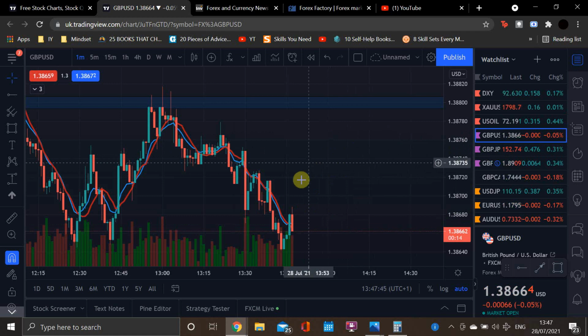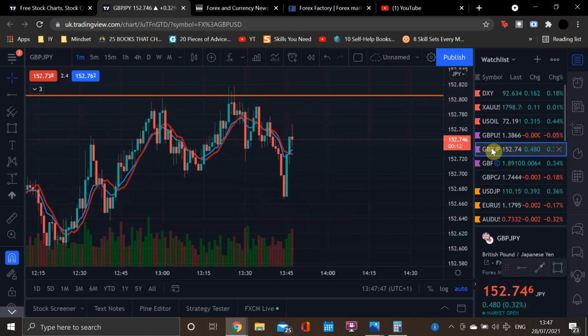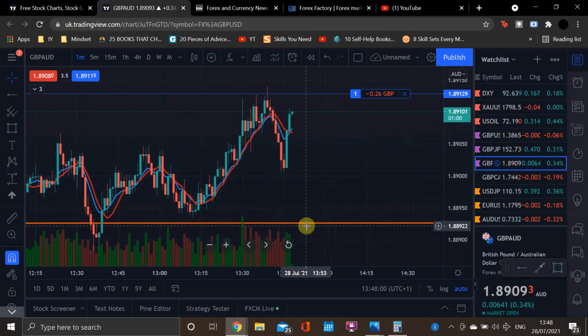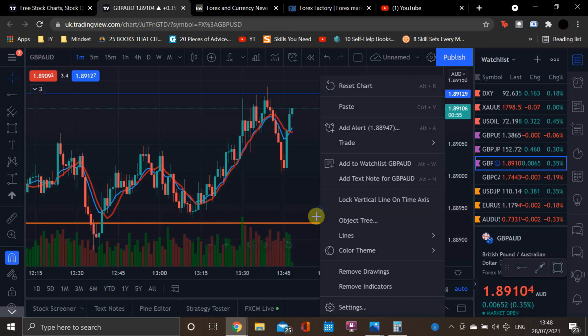I want to be careful against USD, and JPY I want to be careful, but with AUD I'm quite confident with this pair. Can maybe even move my stop loss higher.